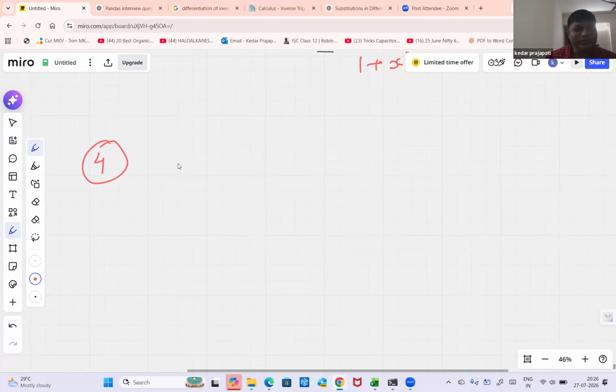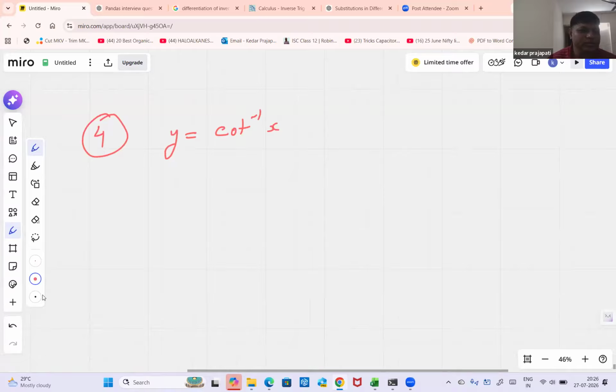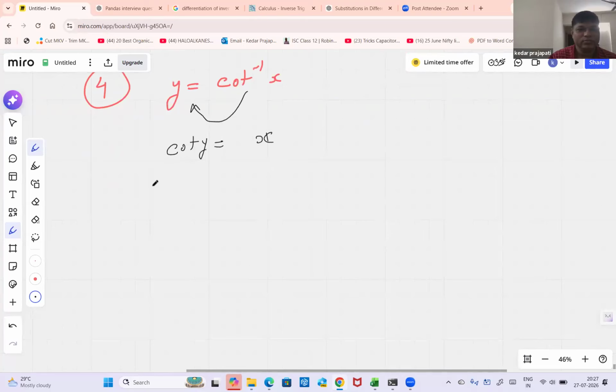Okay, now I want to know what it is for cot, right? y equal to cot inverse x. How will we do it? Cot will come this side: cot y equal to x. This is substitution, this is the original question, right? Now differentiate this.